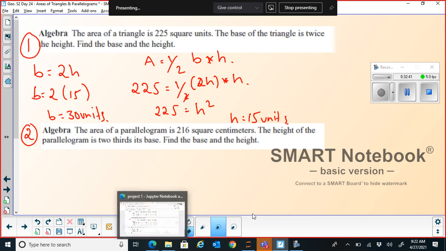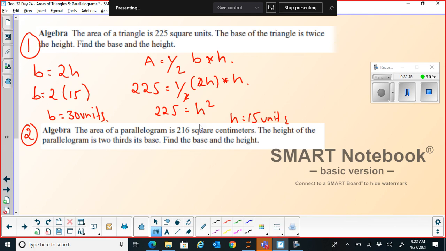Okay, let's do the next one. The area of parallelogram is 216 square centimeter. The area of parallelogram is base times height. So let's write first the formula. Base times height is the formula. Substitute here 216. The height of the parallelogram is 2/3 of its base.